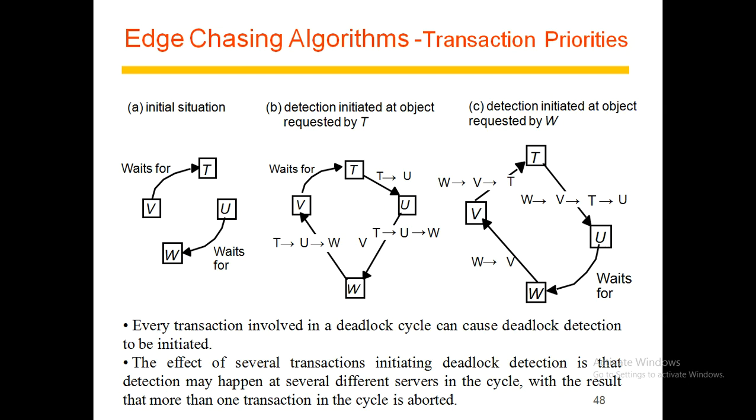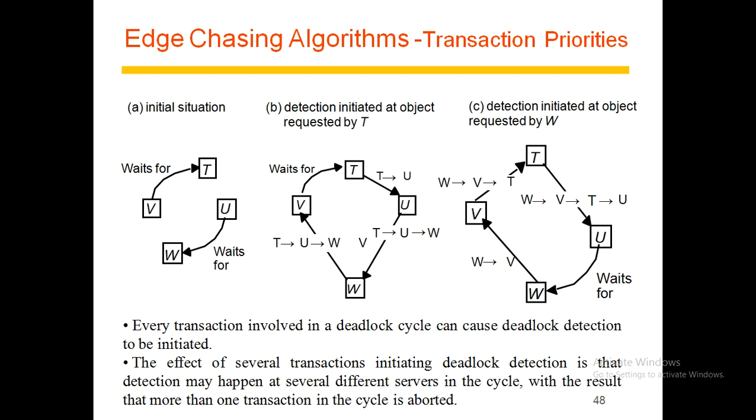Consider transactions T, U, V and W, where U is waiting for W and V is waiting for T. At about the same time, T requests an object held by U and W requests an object held by V.